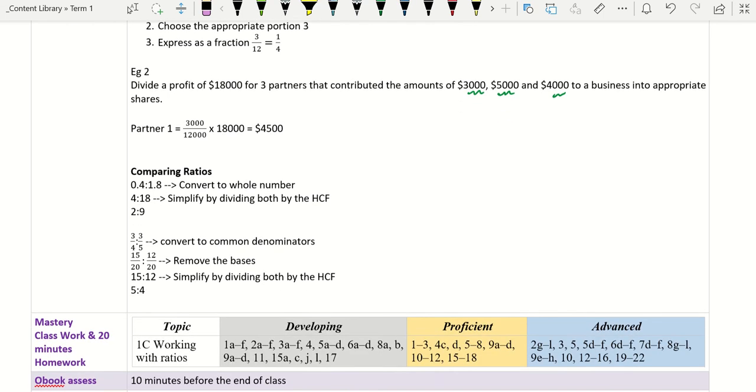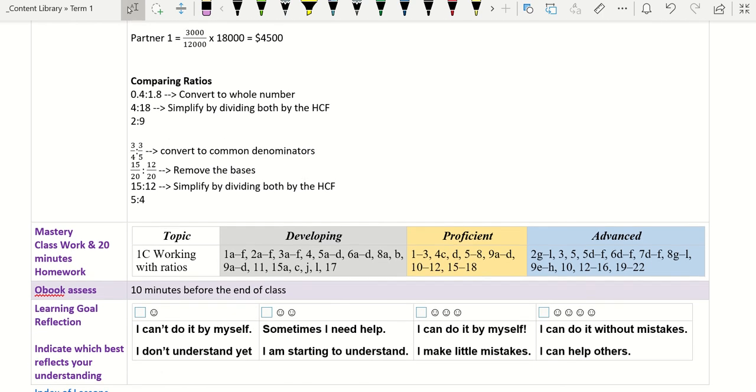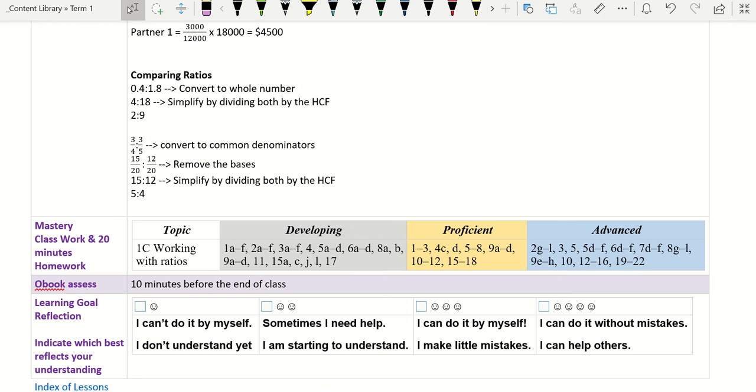Now when we compare ratios, for example, 0.4 is to 1.8, convert to a whole number. So we're going to multiply both sides by 10 because they've just got 1 decimal place, and then simplify by dividing both by the highest common factor, which is 2 for there. For this one, like we saw here, we want to convert to common denominators.